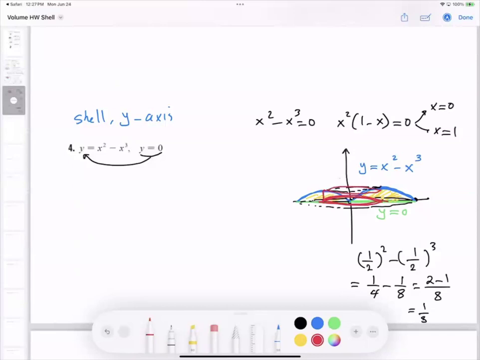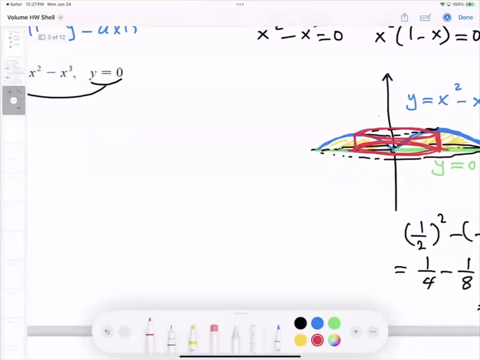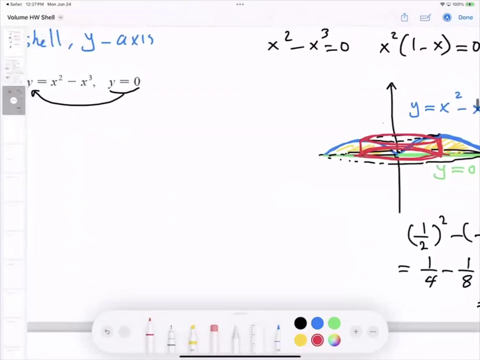So this is a typical shell that you're using, and then you want to find the circumference of the base. This is a base, right? What is the radius of the base? The radius of the base is just located on the x-axis, the distance between the origin and this point here, which is on the x-axis. So this is x.